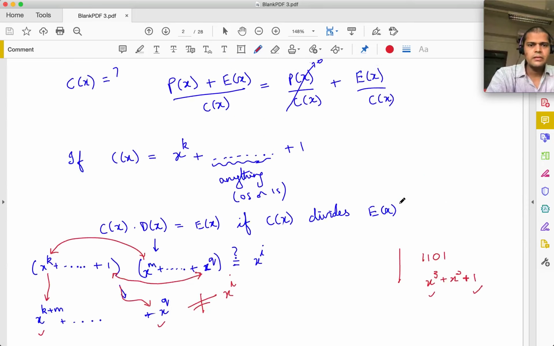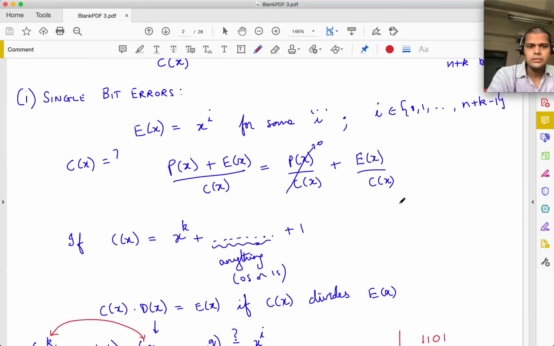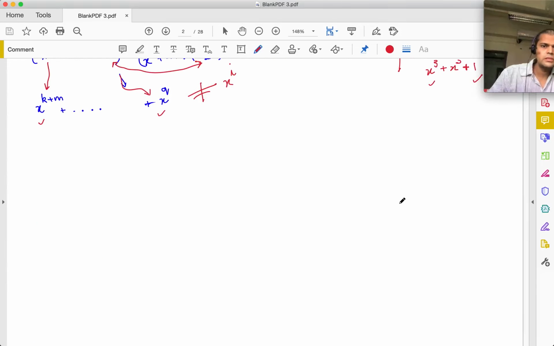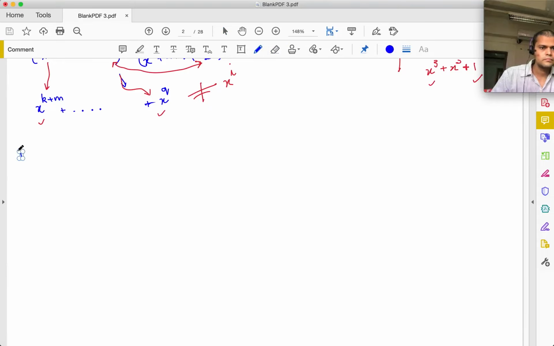So can we do better than single bit errors? Because what if there are 2 bit errors and so on? So let's discuss that. 2-bit errors.